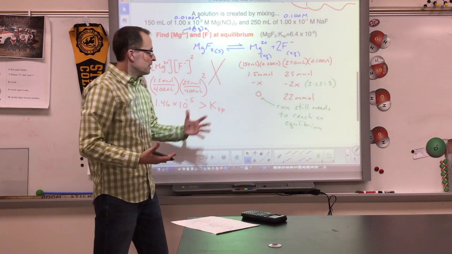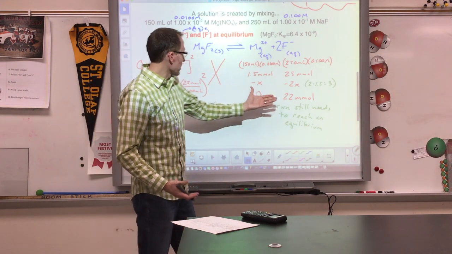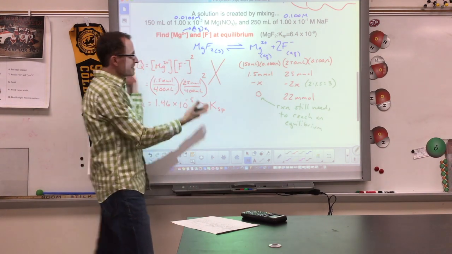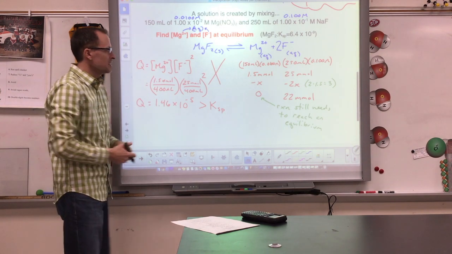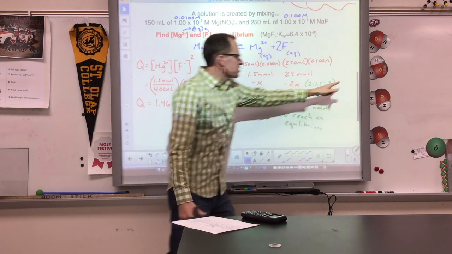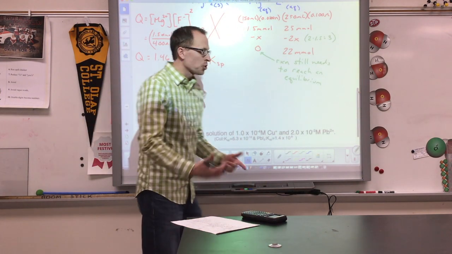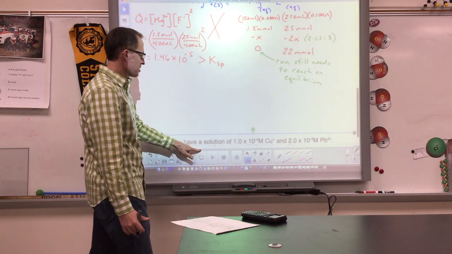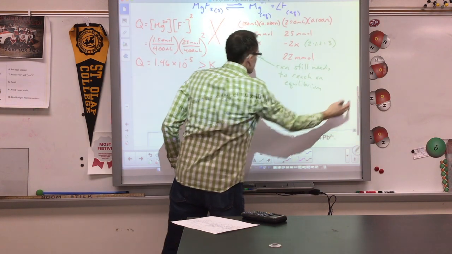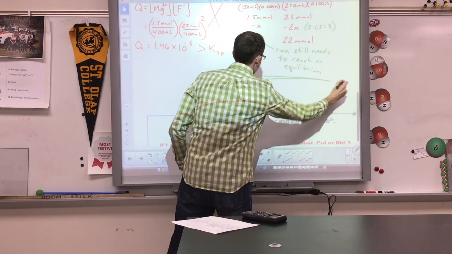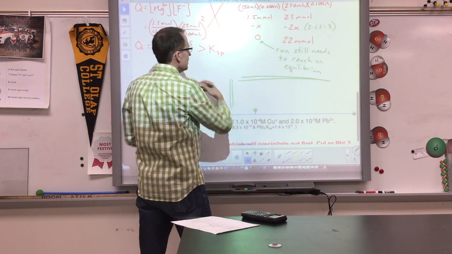Okay? If I plug these numbers into this expression right now, it's not going to get that Ksp. I need to have values that equal that Ksp. So now what I'm going to do is redissociate it one last time. It's kind of like an equivalence point in a titration curve. So I'm just going to utilize this right here. Okay, we're going to drive it back.